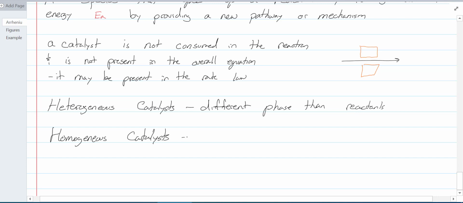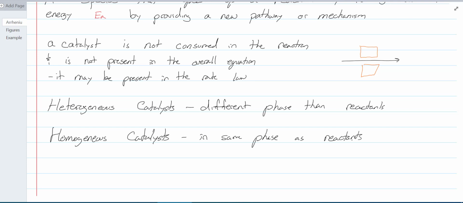Whereas homogeneous catalysts are in the same phase as reactants. So that would mean, for example, in solution, not in solution. Your catalytic converter in your car is a heterogeneous catalyst, where you use platinum or palladium to catalyze the exhaust into safer gases coming out due to incomplete combustion and whatnot.